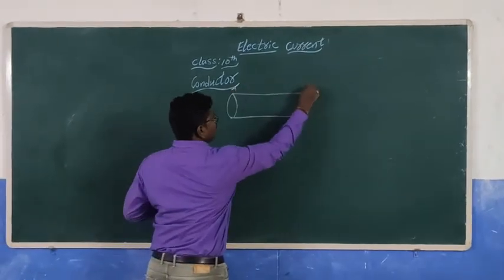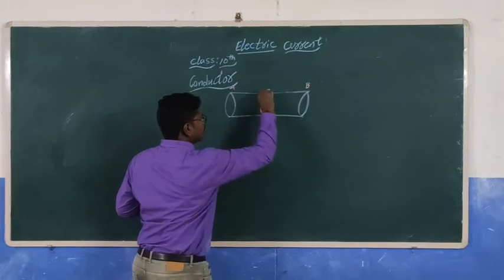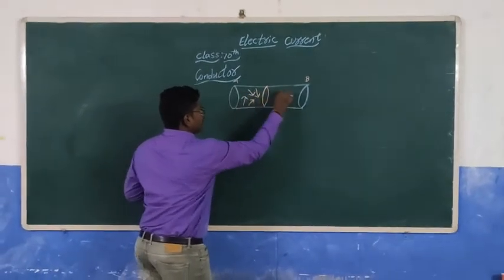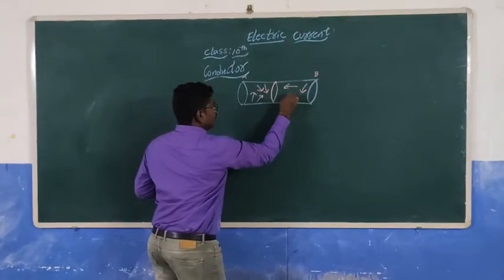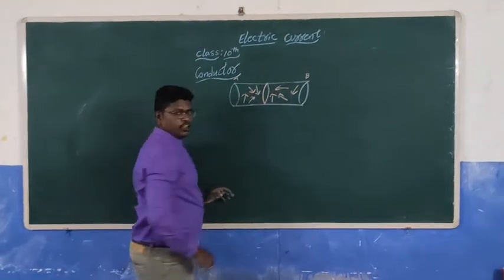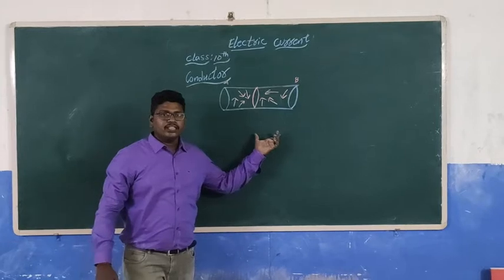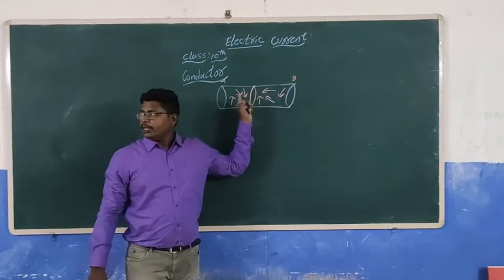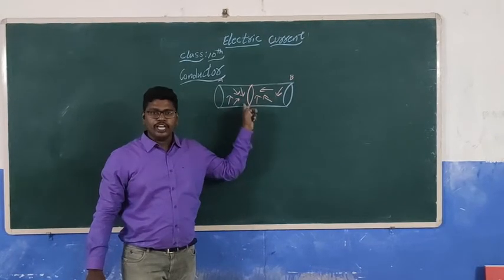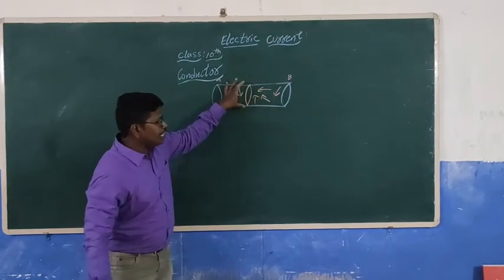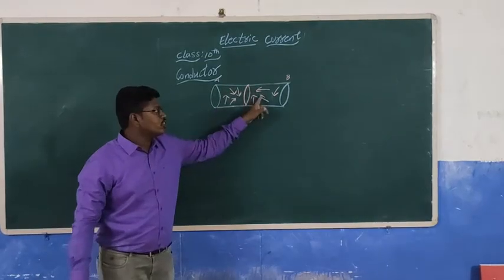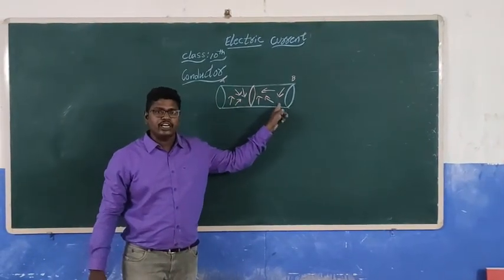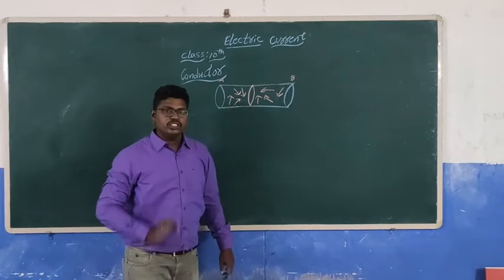For example, here I am taking points A and B. In this conductor, the charges move from A to B, and at the same time from B to A also. Consider one net area. In this area, the charges move from right to left, and again from left to right. So here the net charge is 0.